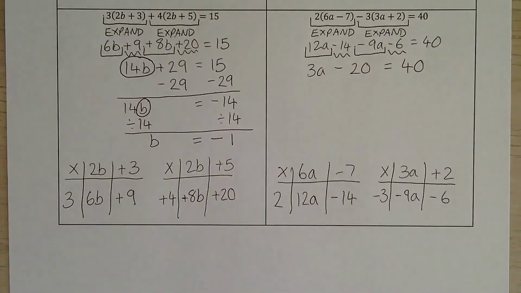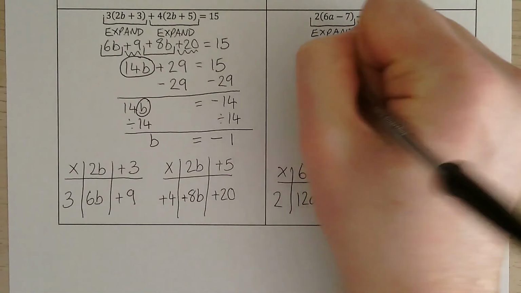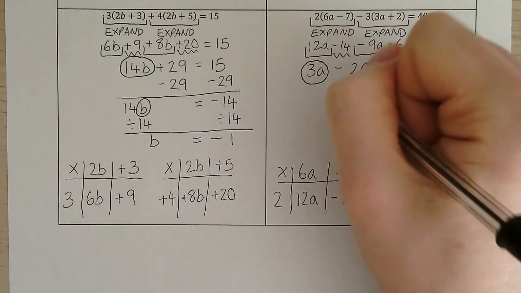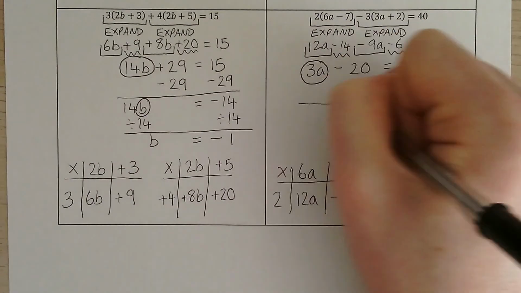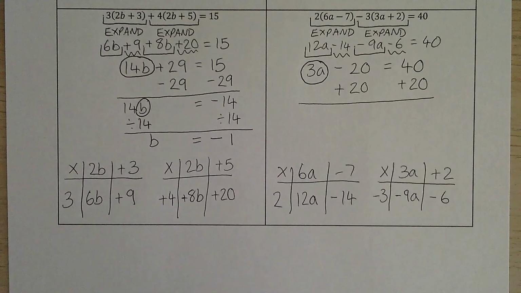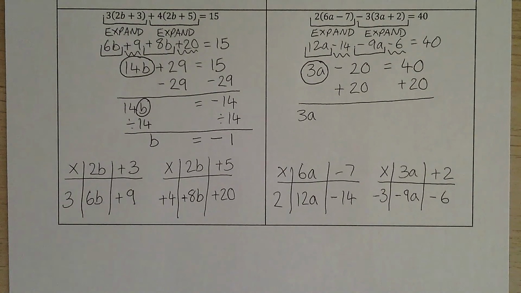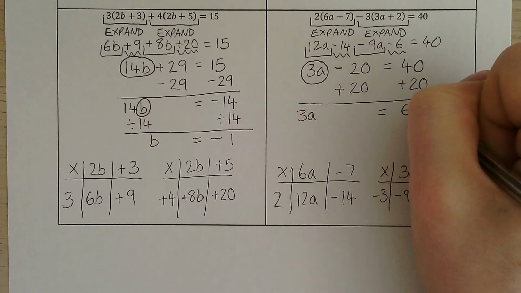Again, equals 40 needs to drop down. Now we're on to the solving equation part of the question. So we need to isolate the term, which is 3a, and we need to get rid of minus 20. So we will add 20 to both sides of the equation. The 3a will drop down, the minus 20 and the add 20 cancel, and 40 add 20 equals 60.